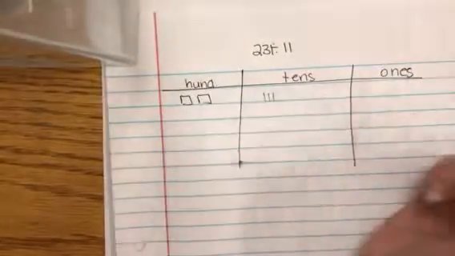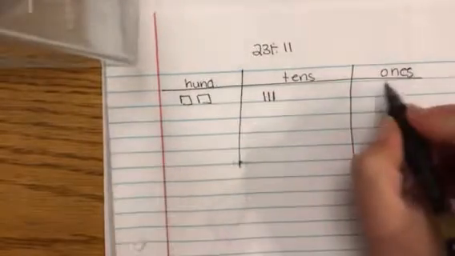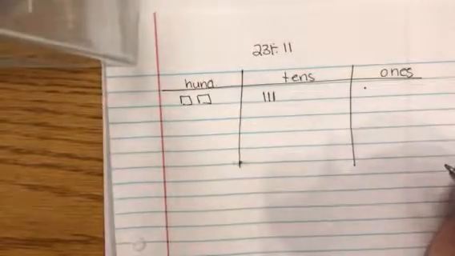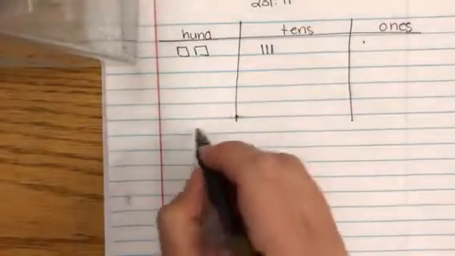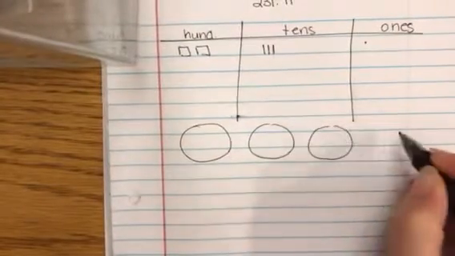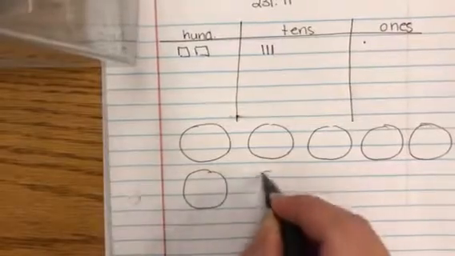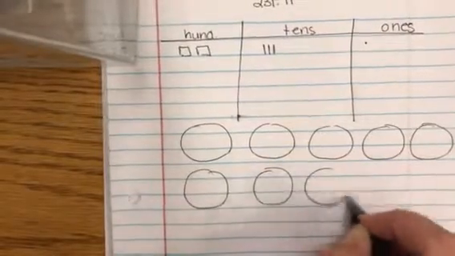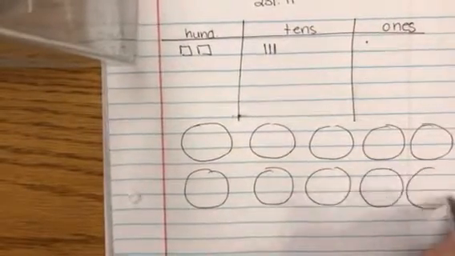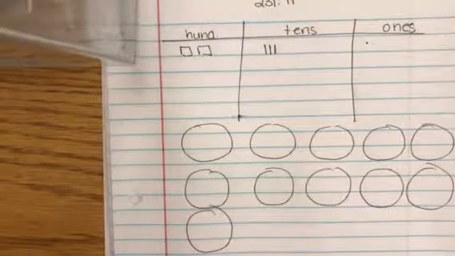Maybe that was my problem. So I have 3 tens. So you're using pencil. I have to use pen so it'll show up on the video. And you have 1, 1. So I have to put them into 11 groups. So 1, 2, 3, 4, 5, 6, 7, 8, 9, 10, 11. So I've used up a little over half of my page.